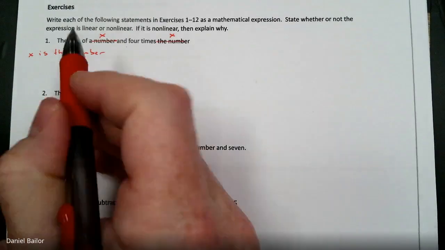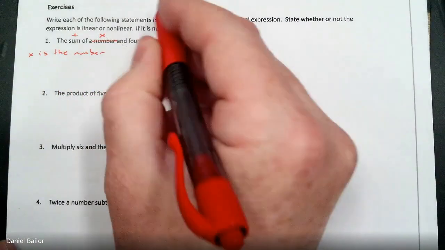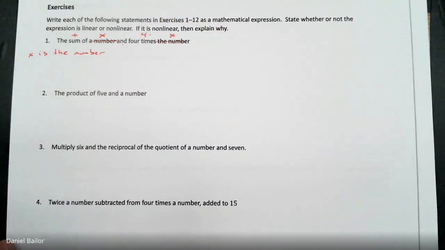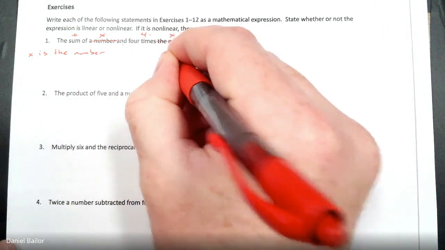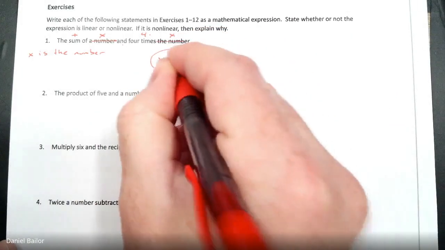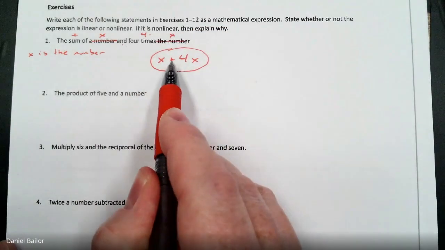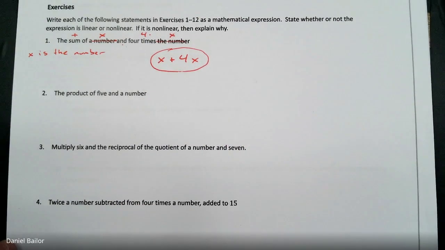So I need to add x and 4 times x. 4 times means 4 times. So I'm just going to be doing x plus 4x. That's my expression. It's the sum of x and 4 times x. x plus 4x. So that's the first part.